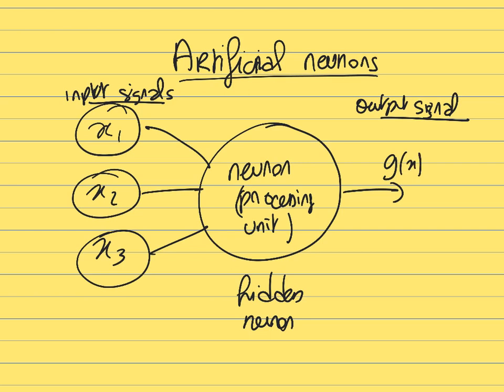G of x is going to be the output signal that is generated by a given hidden neuron. So in that sense, it works pretty much like a neuron in the brain, where you have some electric signals that are used as input to the neuron, and depending on the value of those electric signals, this neuron is either going to transmit a signal as an output or not transmit any signal at all.